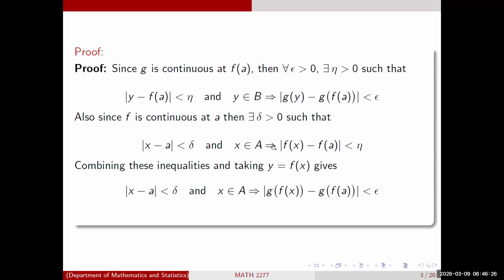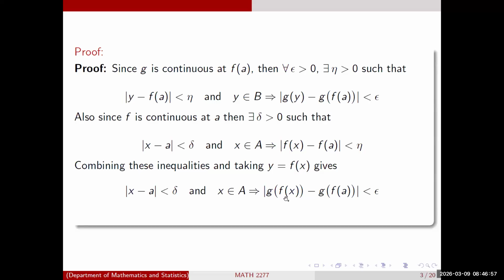Therefore, I could remove these two inequalities, this one and this one, and simply say that as long as the distance between x and a is within delta, and I choose a point within A, then the second inequality holds and the first inequality holds. Then that implies that, replacing y by f of x, g of f of x minus g of f of a, the distance between them, is within epsilon.